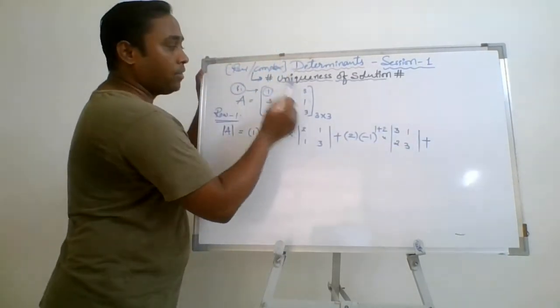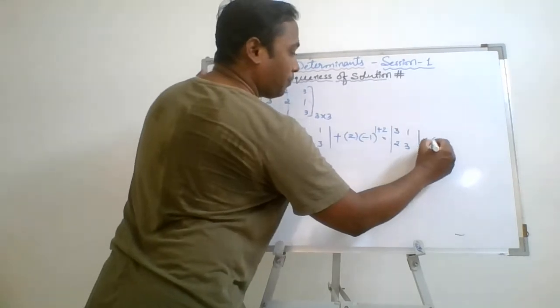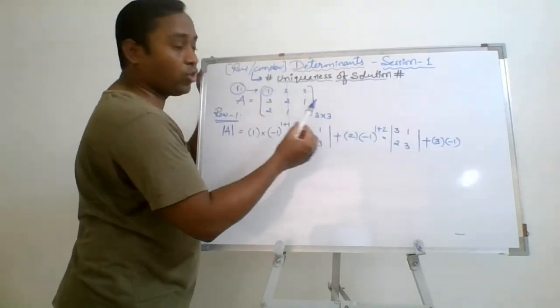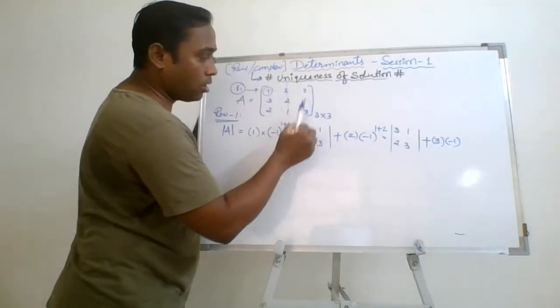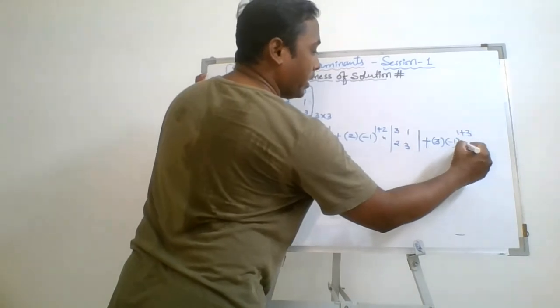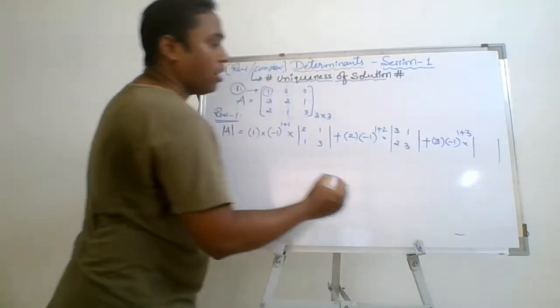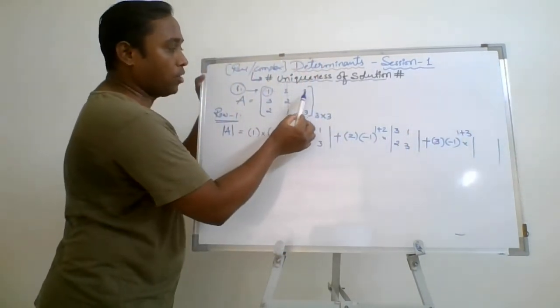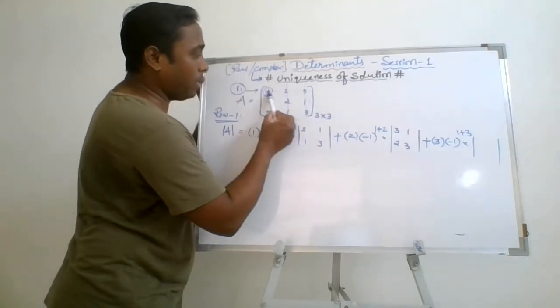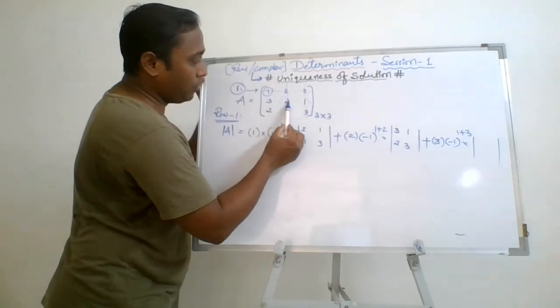What is the element left? 3. So element into minus 1 to the power of i plus j, first row, third column, into the determinant after eliminating the corresponding row and column. So 3 is in the first row and third column, so I am eliminating these two. We are left with 3, 2, 2, 1.